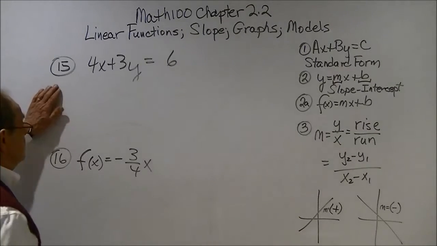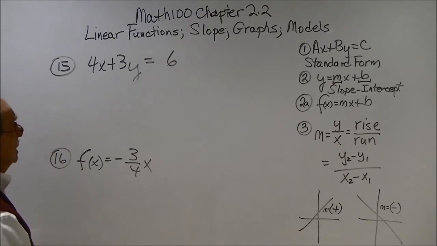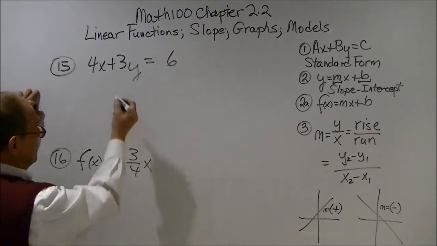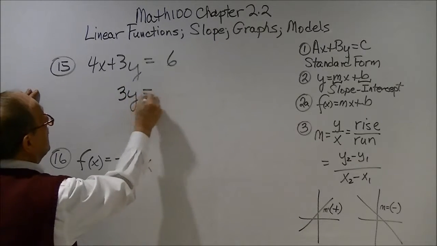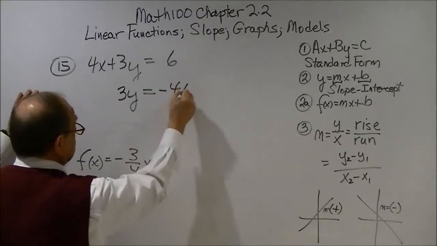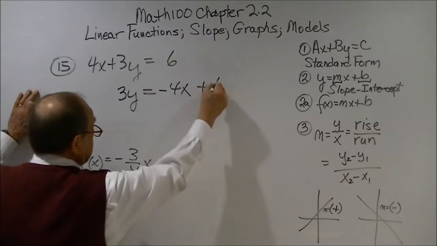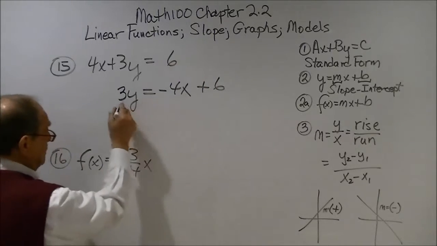Okay, going on to number 15 now, we see it's in standard form, and whenever it's in standard form, we need to solve for y. So I'm going to transpose the 4x, and my 6 stays there. And now I'm going to divide each term by 3.